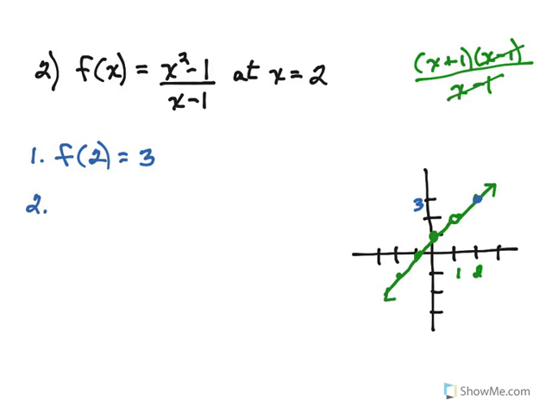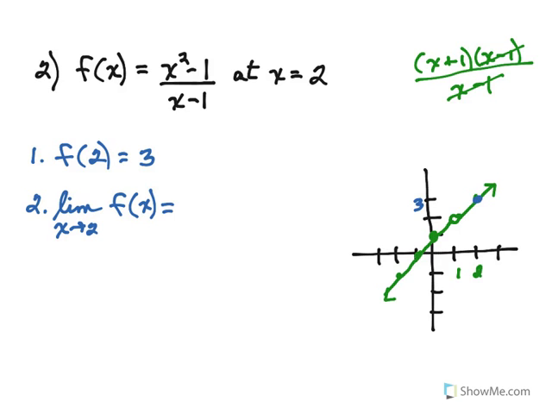The next step in the test is that the limit, as you approach this x value of 2, needs to exist. Now this is where you would have to consider the limit from the left and the limit from the right. And we can just do that graphically since we have ourselves a nice picture of the graph.